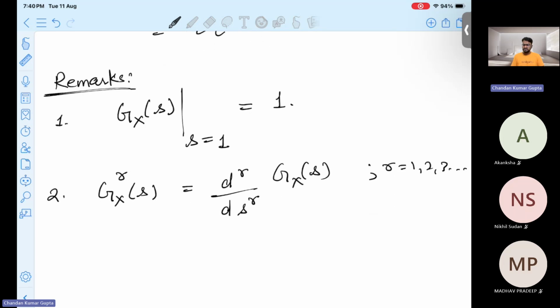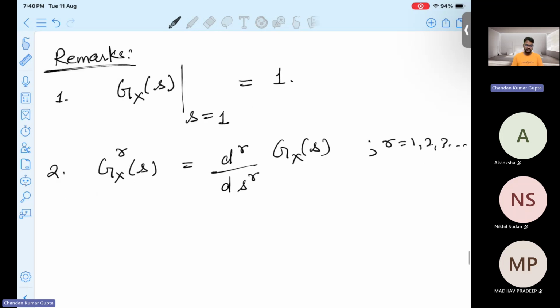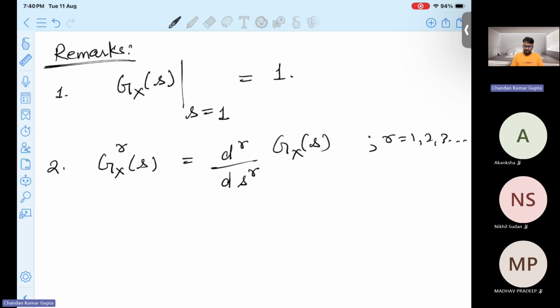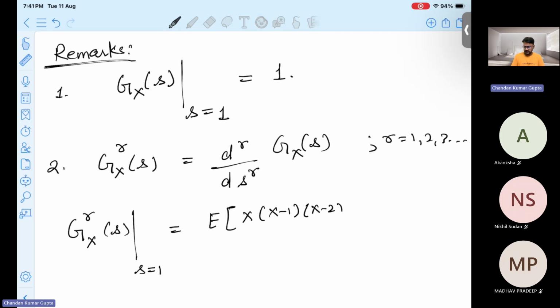In that scenario, this will give us the factorial moment. How does it come? G_X^(r)(s) at s equal to 1 will give the expected value of x(x-1)(x-2)...(x-r+1).